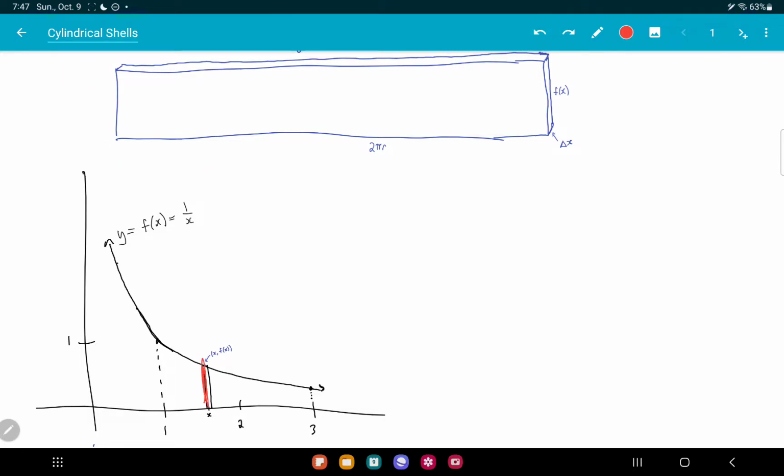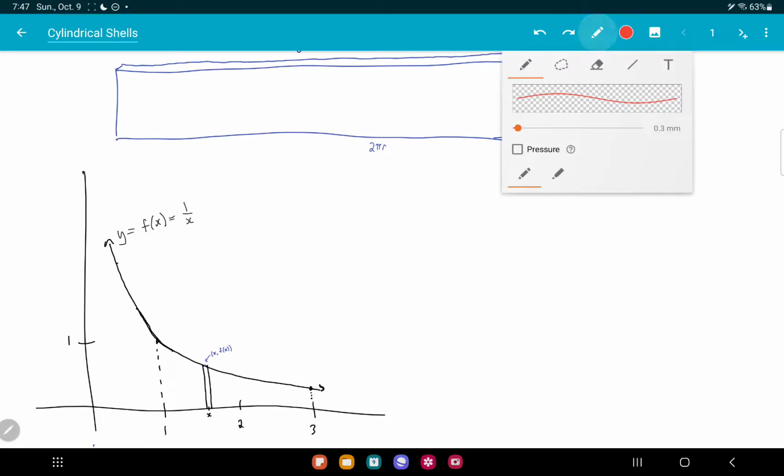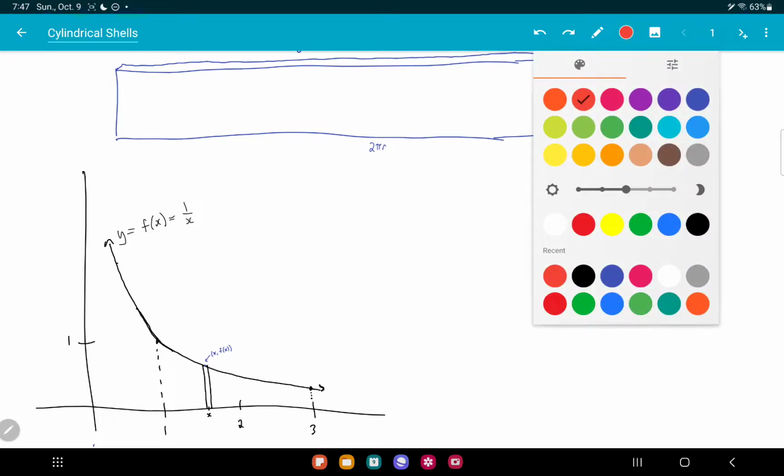So the height in red here is the same as the height in red here. Okay, so how do we find the volume of this rectangle thing? Let's go with a nicer color, blue.